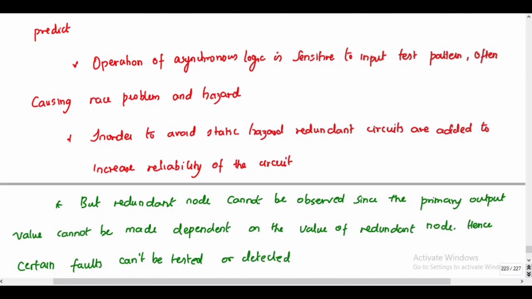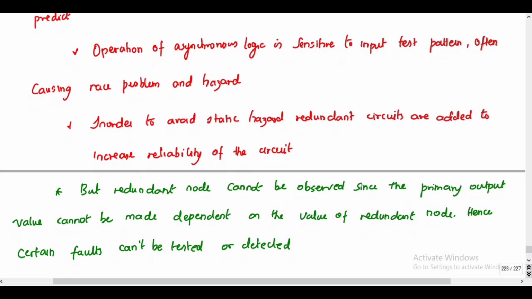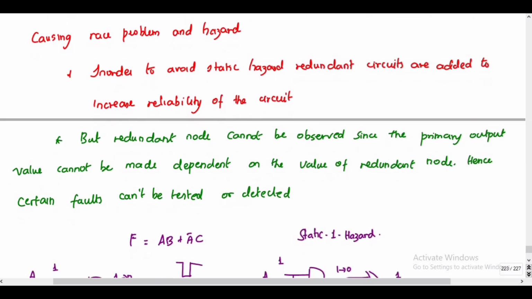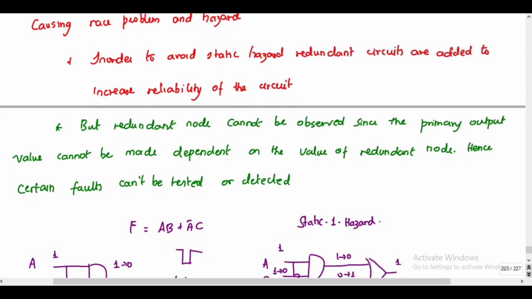To avoid a static hazard, we add some redundant circuit to the logic, which increases the reliability of the circuit. But these redundant nodes cannot be observed, since the primary output value cannot be made dependent on the value of the redundant node. Hence, certain faults cannot be tested or detected.